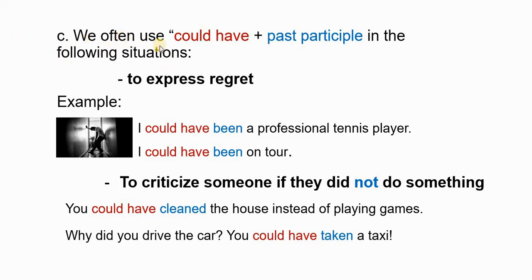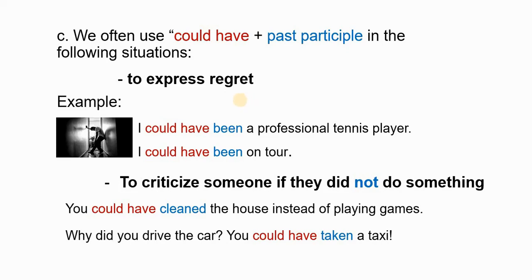We often use could have plus past participle in the following situations to express regret. So regret is when we think about something we have done in the past or we have not done in the past and we are sad.